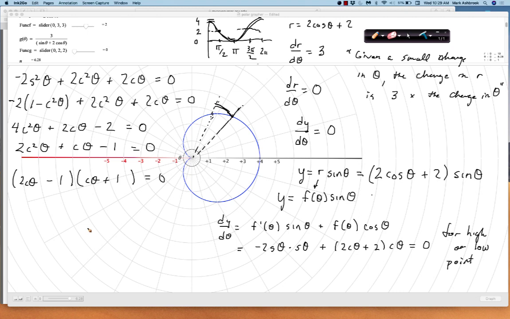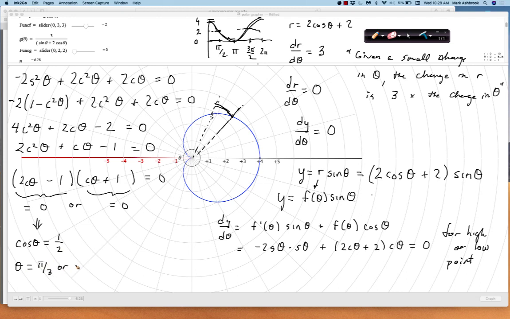So either this could be 0 or this could be 0, right? So in this case, if 2 cosine theta minus 1 equals 0, what do we get? Cosine theta equals +1/2.